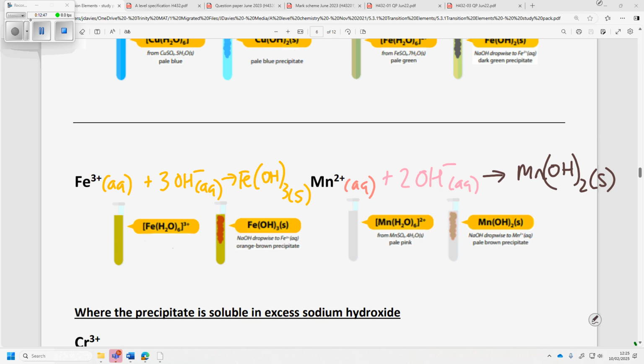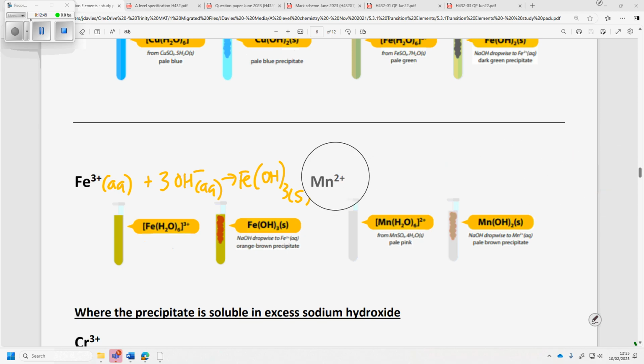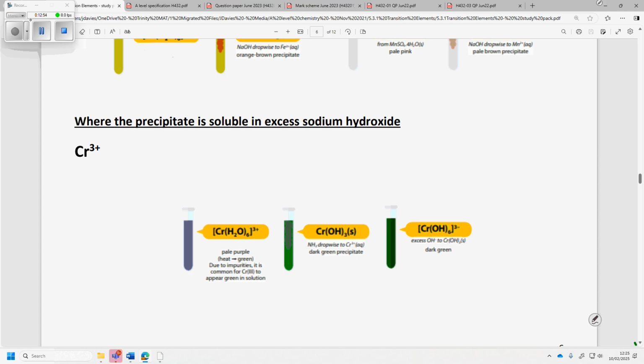That is not true for chromium. Now this is a really interesting one, the chromium 3+ hexaqua ion is a kind of purple colour.